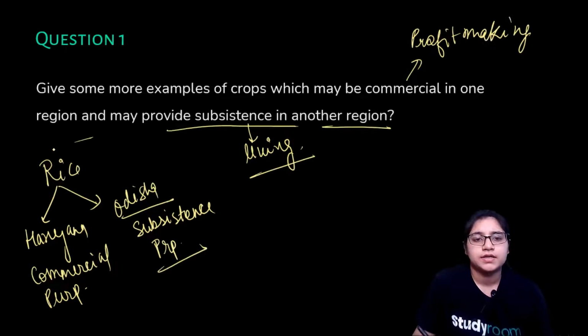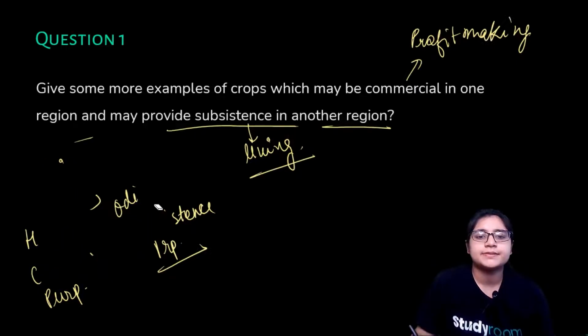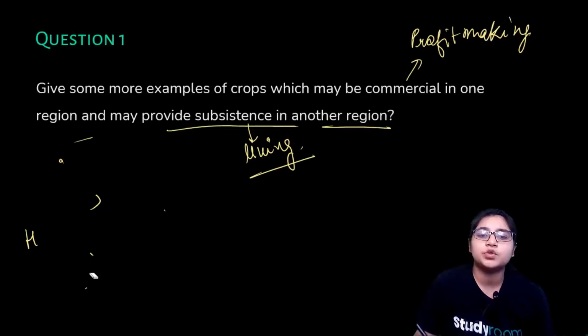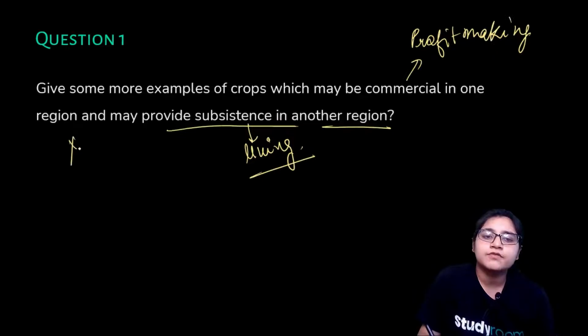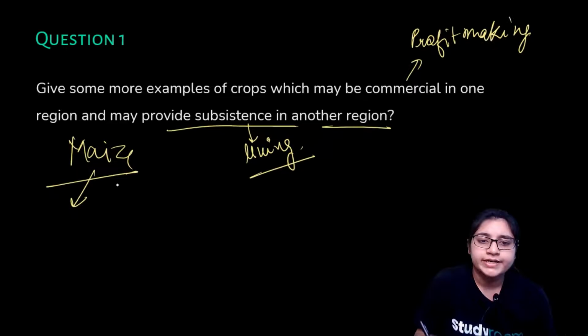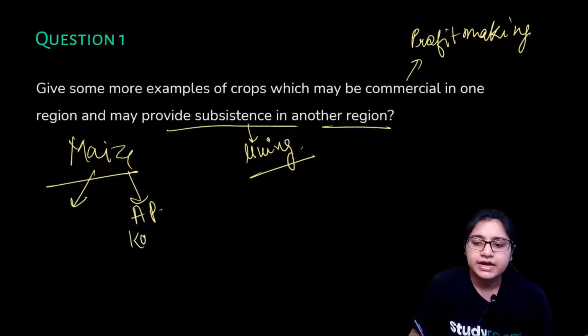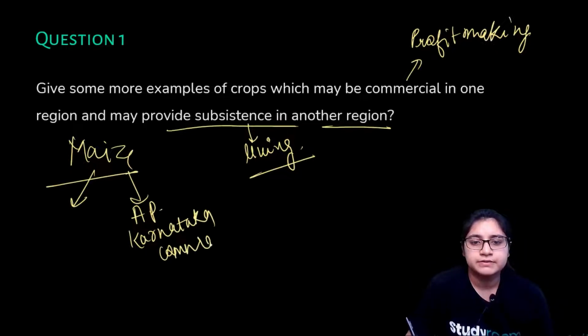Alright. The second example is maize. We have already heard of maize as an example of jhum cultivation, right? But jhum cultivators use it for their subsistence, while in Andhra Pradesh and Karnataka, they use it for commercial purpose.